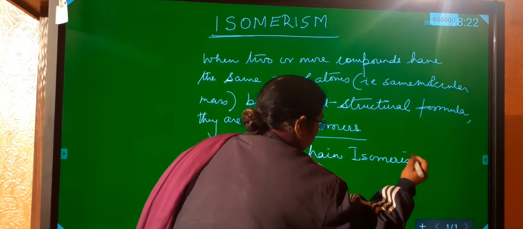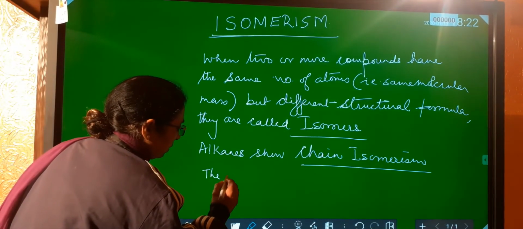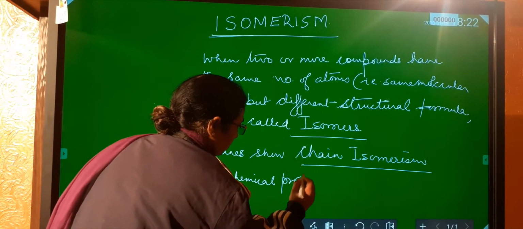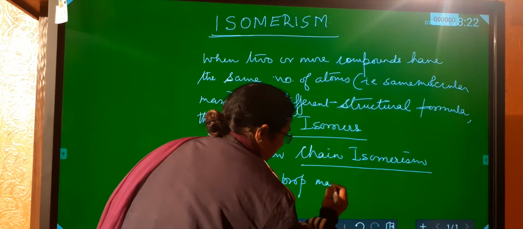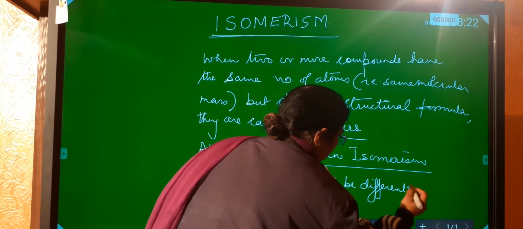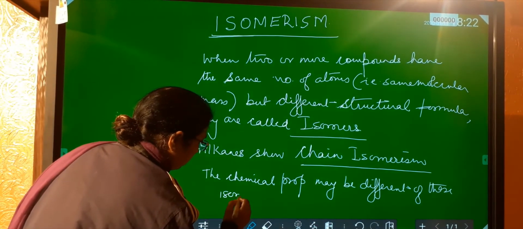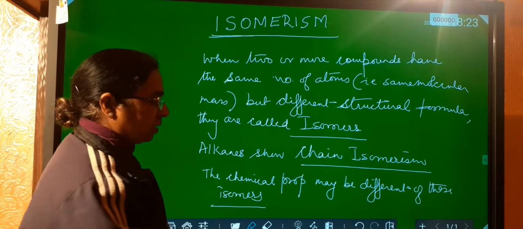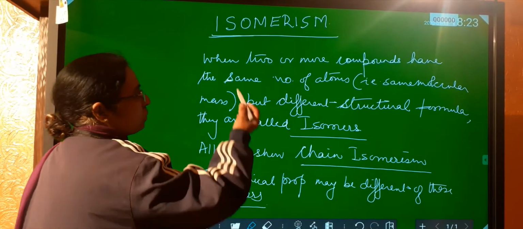And the chemical properties may be different for these isomers. It may be the same, but generally it is different for these isomers. Now let us see how we can draw isomers. Let us see once more.